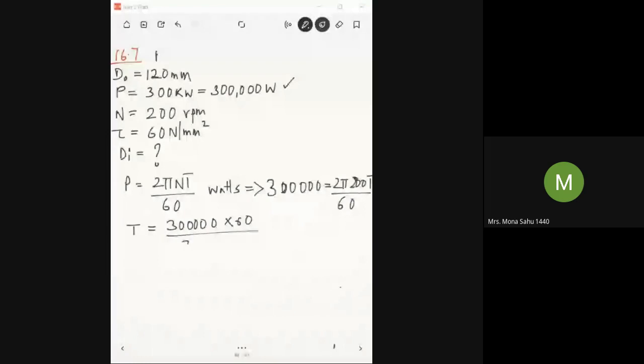Please solve. Tell me what is the answer. So you will get the answer in Newton meter. Very important. This is the point here. You will get the answer in Newton meter, which you have to convert into Newton mm.